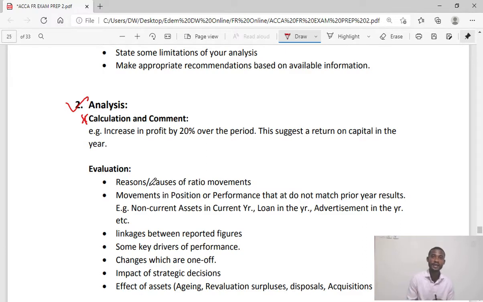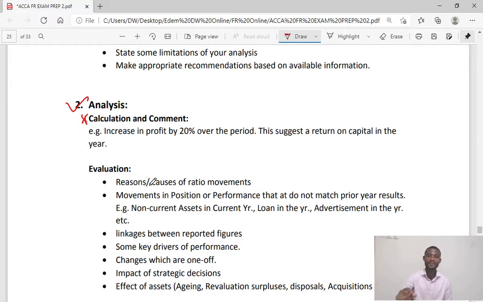All I'll say in terms of the calculation is to say that the operating profit increased from 10% to 20%. That is enough. Now, what does it indicate in terms of comment? Then you say that this suggests a return on capital in the year, or it suggests an increase in return.